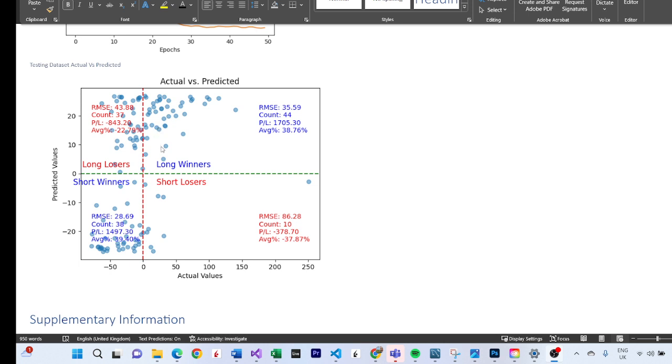And all these dots, if they're in long winners, then it would make you money too. And these are the ones, all these dots, that lose you money if you're shorting. And these are the dots that would lose you money if you're going long. So, as you can see, it really did a good job of identifying the short values.